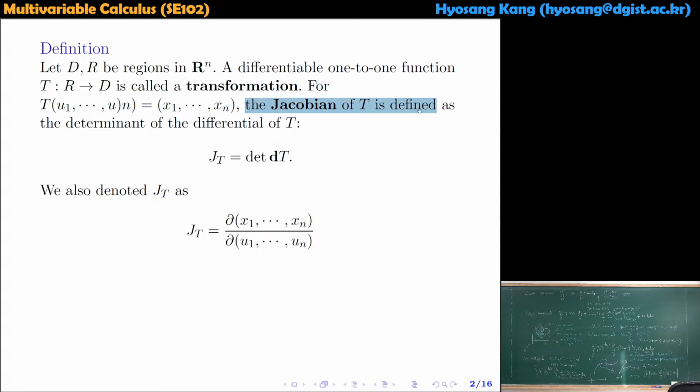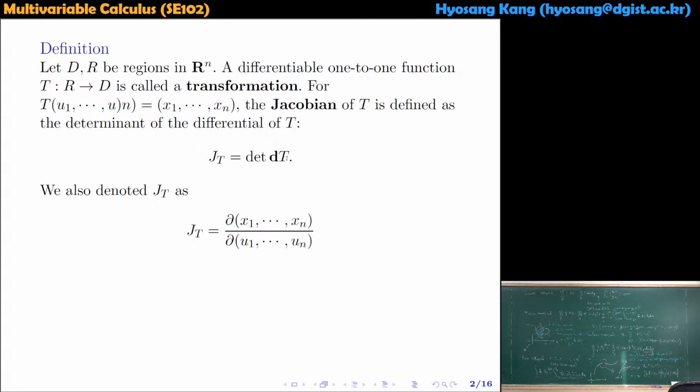The Jacobian of T is defined as the determinant of the differential of T. Think about the differential: I said the differential is always a matrix. Here we have a region R in R^n and also a region D in R^n. So the domain and range spaces have the same dimension.